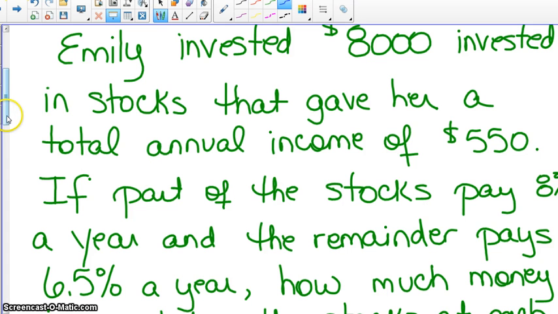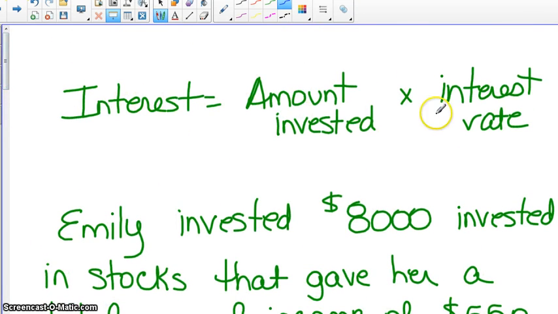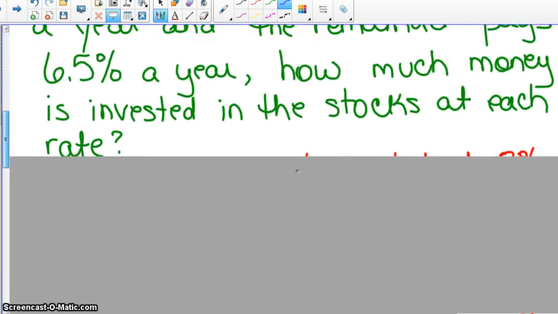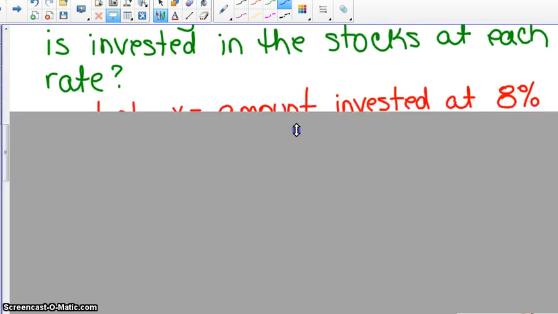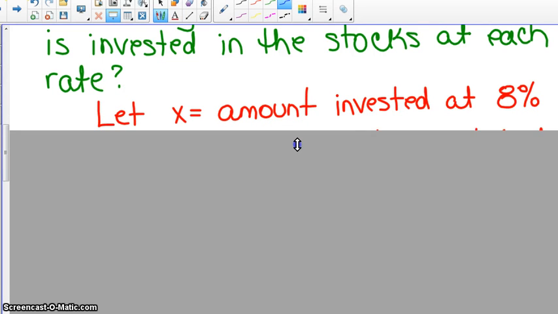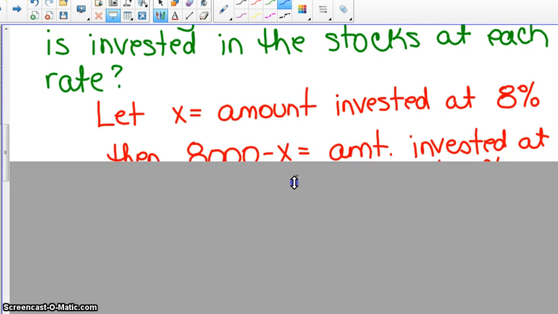So how are we going to set this up? Well, we've got to have two separate problems based off of this. The amount invested times the interest rate is equal to the interest. Remember that. Let's say that X is the amount invested at 8%. There's two different parts, the part at 8% and the part at 6.5%.